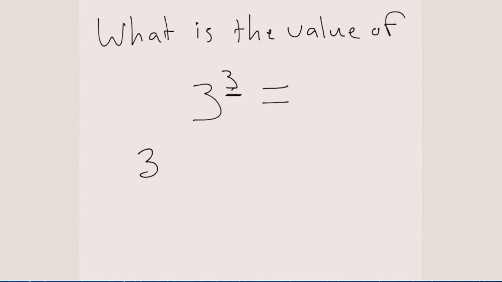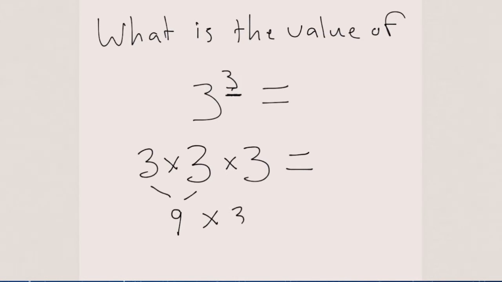I need 3 of them, so I write 2 more of them. Now I have 1, 2, 3 3's. I put a multiply sign between each, and now I can find out how much this equals by multiplying the 3 3's. So if I do 3 times 3, that gets me 9. And if I do 9 times 3, that gets me a total of 27. So the value of 3 to the third power is 27.